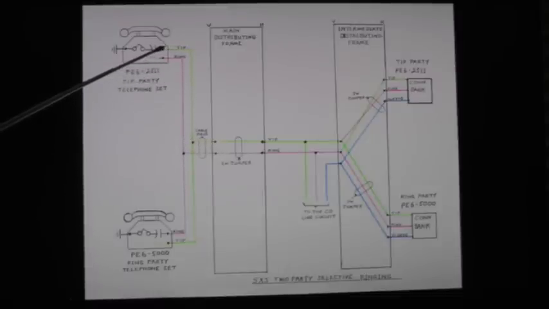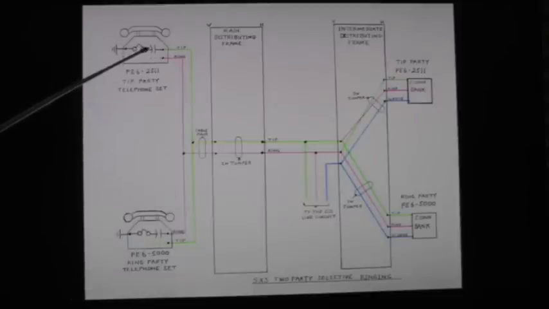In the tip party telephone set, we have wired the ringer circuit from the tip wire to ground. So the ringing current goes through its capacitor, through the ringer coils, to ground and back to the central office. So this telephone will ring. This phone will not ring because while there is a path for the ringing current into the set, no current flows because the tip wire path is open at the set's switch hook contacts.